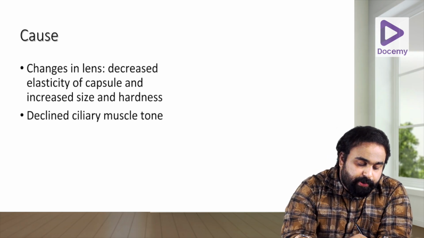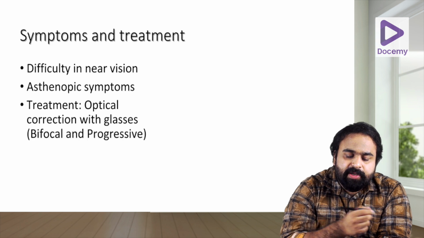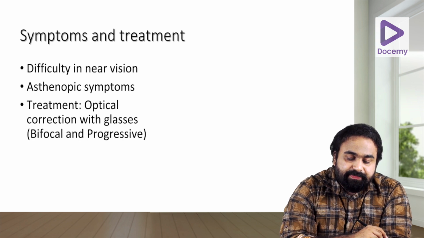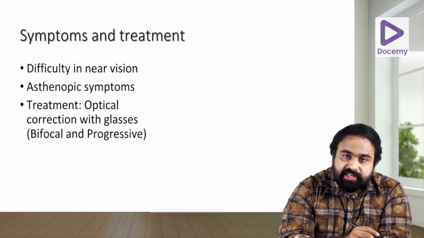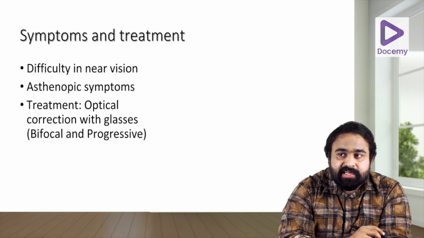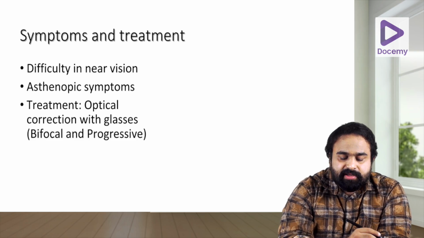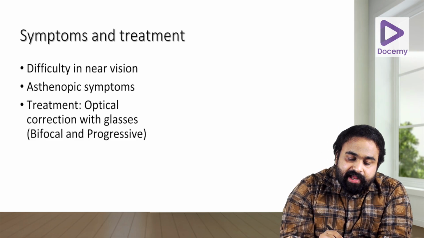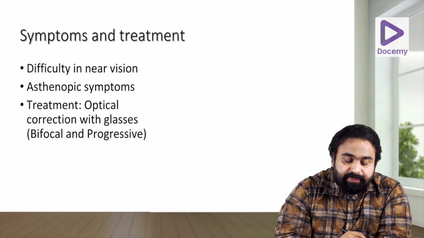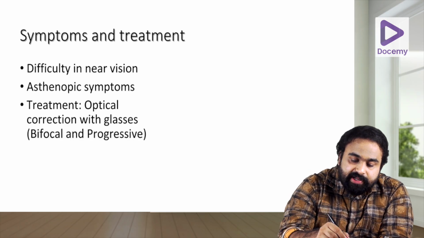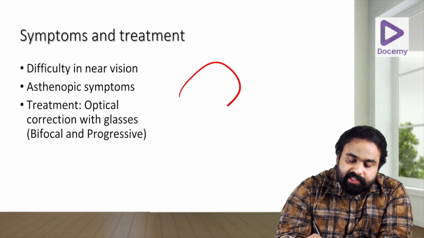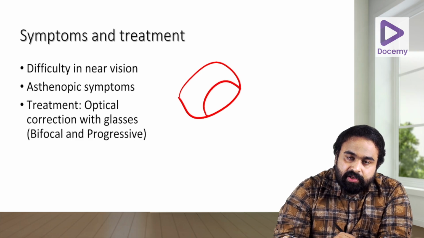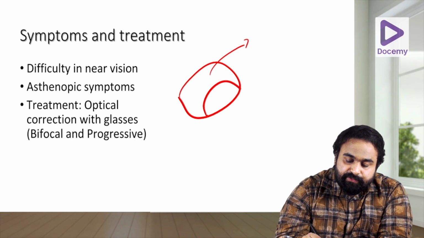This will cause presbyopia. What will be the symptoms? Difficulty in near vision, and asthenopic symptoms. Treatment: surgical corrections are there, but usually they are treated by optical correction with glasses, and these are convex lenses. There are bifocal and progressive lenses. Bifocal lenses are like this; there are several types of bifocal. Bifocal is for distance and for near.